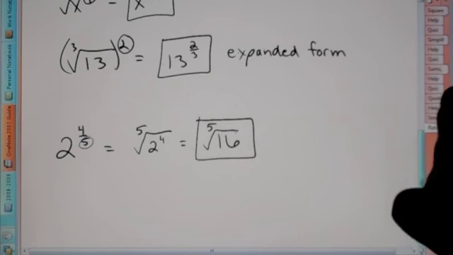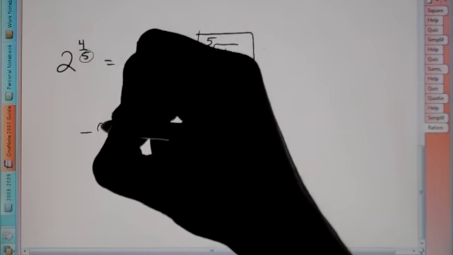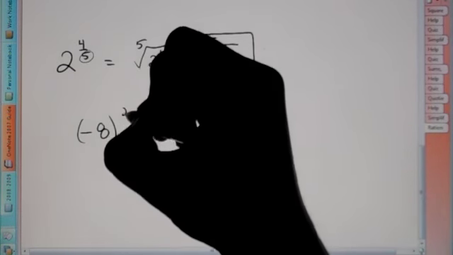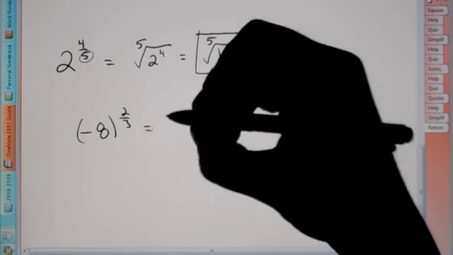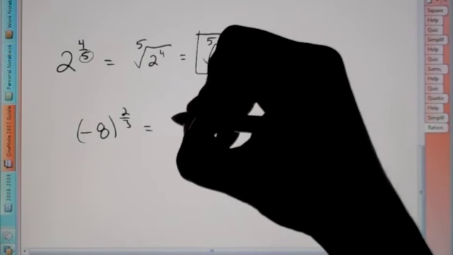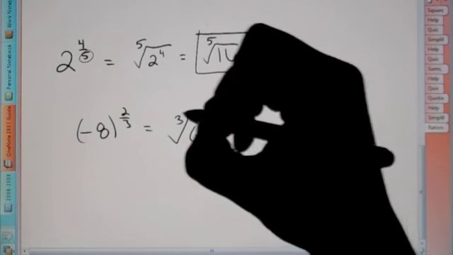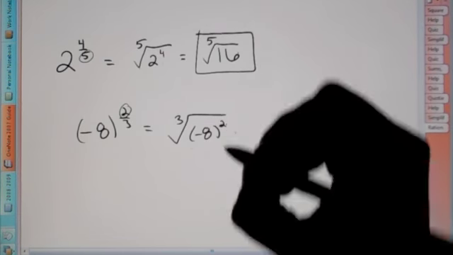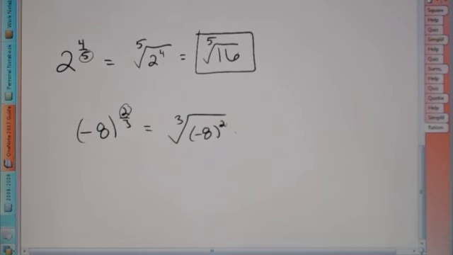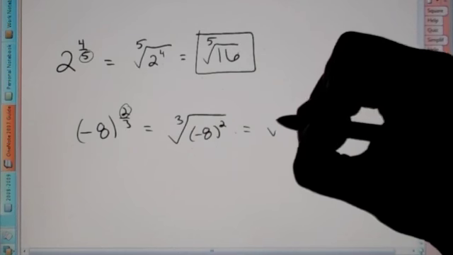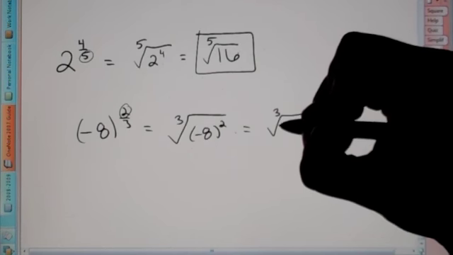Okay, our next one, we have negative 8 to the 2/3. Again, denominator becomes your index, and here we have negative 8. This numerator becomes the exponent on the inside. So negative 8 squared we can actually rewrite as 64.